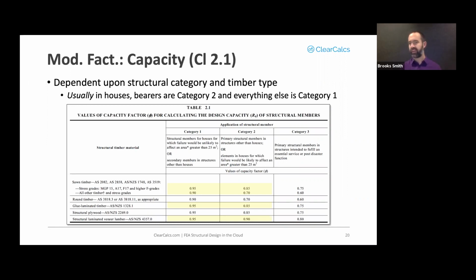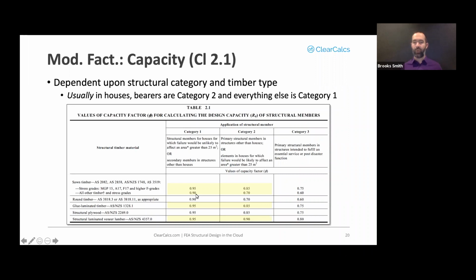Category 1 is essentially a member that if it fails will only cause a small amount of damage. Category 2, if it fails, a significant portion of the structure may fail. And category 3 is one that probably few of you will ever touch. It's for if you have a primary member in a hospital or some other post-disaster structure. So generally, you're not going to touch category 3.